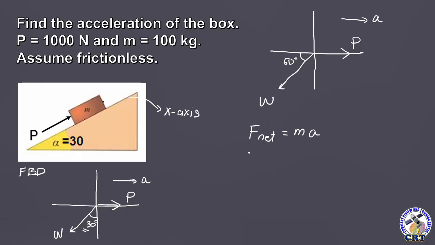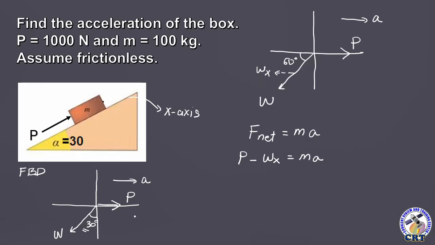For the F net, first is force P, that's positive, minus the X component of our weight, W, which is going in the left direction. So this is W X component equals MA.